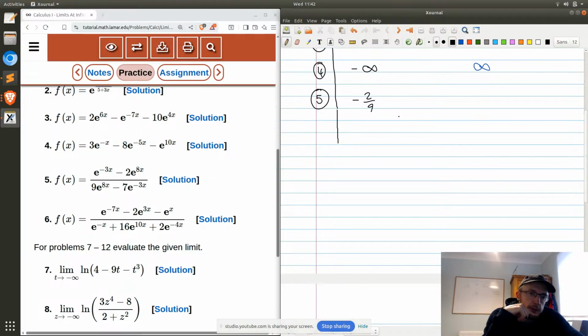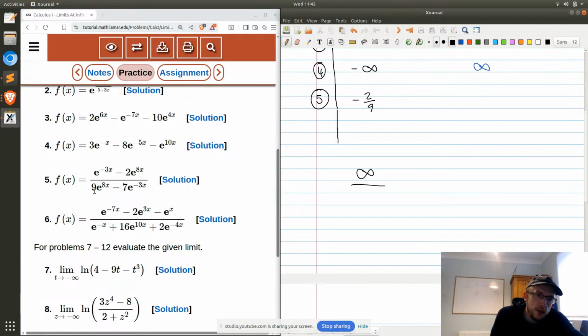For negative infinity, okay, what happens? That very first term there shoots off to infinity. That one there is 0, so I'm going to have infinity on the top.